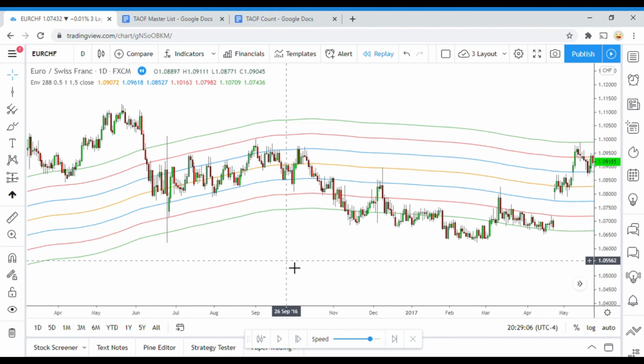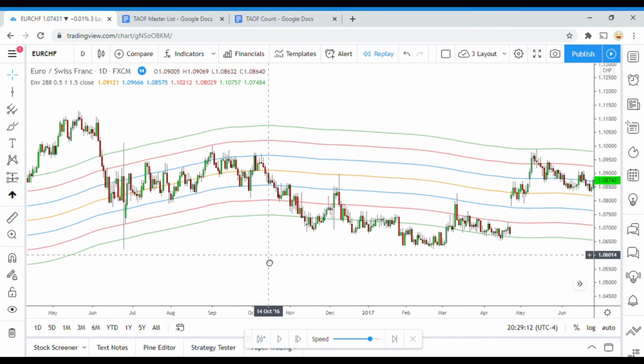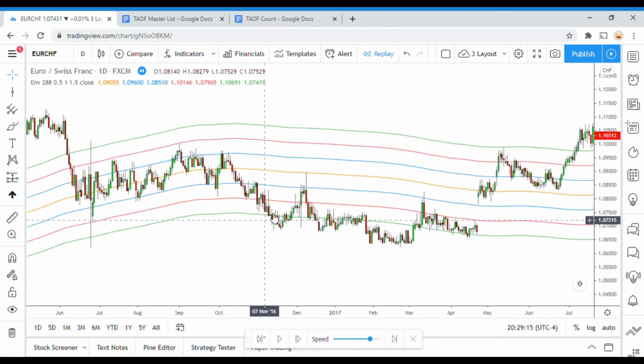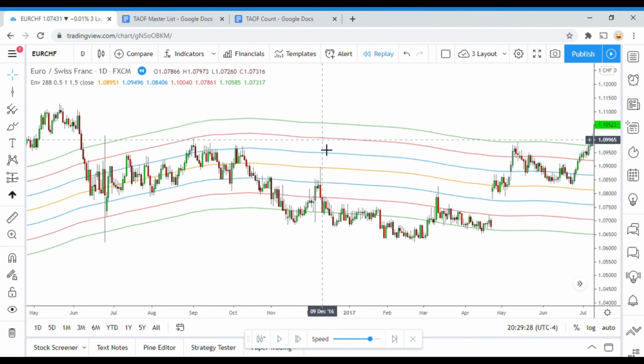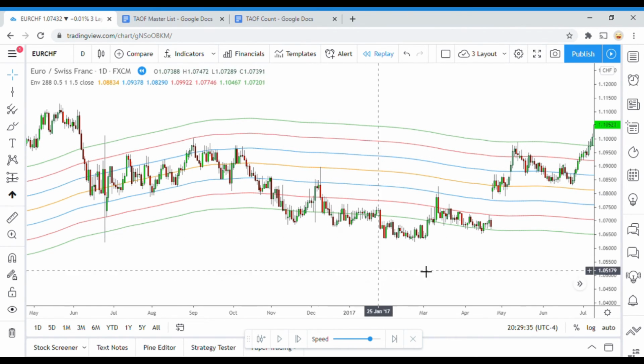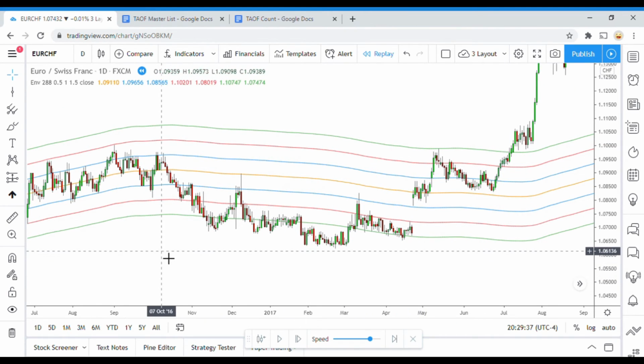So that's an example of a particular way that we could trade this indicator. You could also say that every time the price action gets down in the red area, that could be considered oversold, and every time it gets up into the upper red line here, that could be overbought.